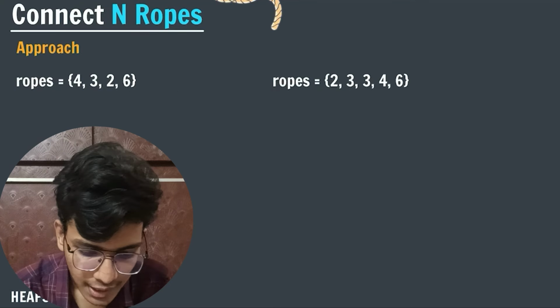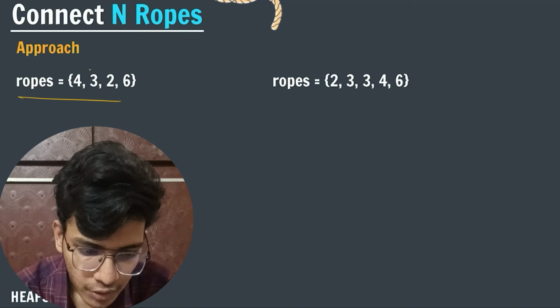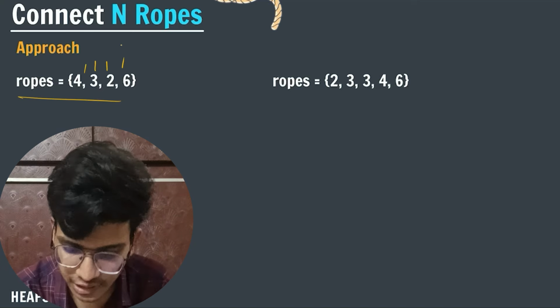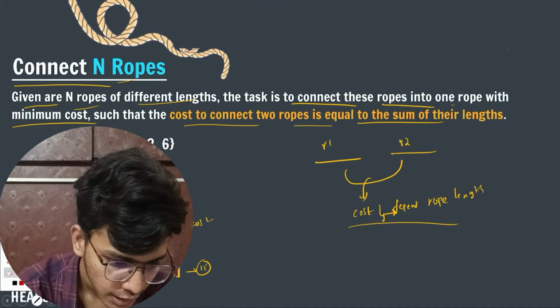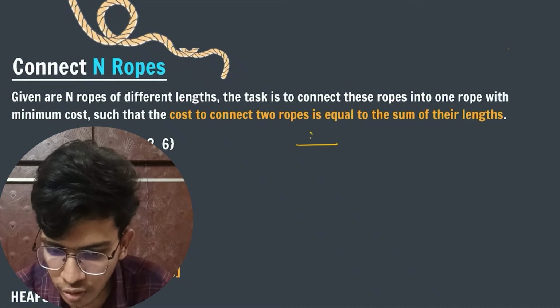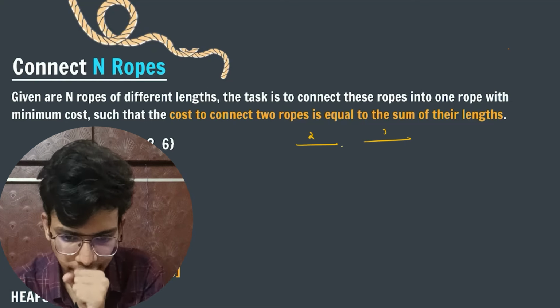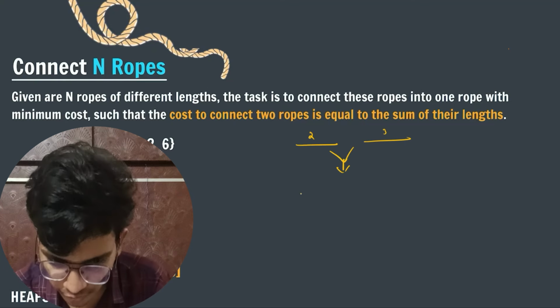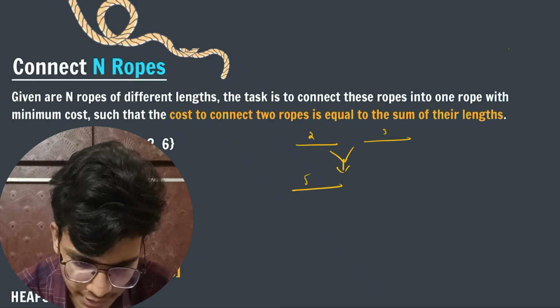For example, let's say this is the array I'm having: 4, 3, 2, 6. Let me clear the screen. First of all, I will take 2 and then 3. I will combine these two, so I will get a rope of 5. Now 2 is completed, 3 is completed.